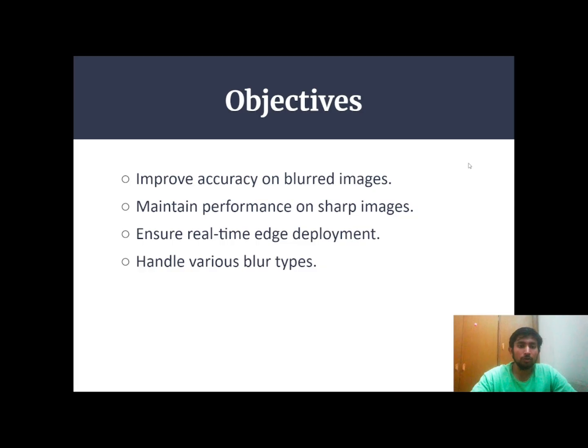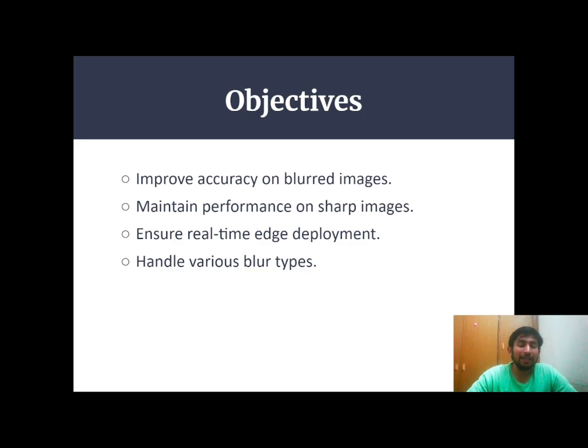Now, moving on to the objectives of our work, we need to improve the detection accuracy on blurred UAV images while keeping the accuracy high on sharp images also, and ensuring real-time performance suitable for edge devices.